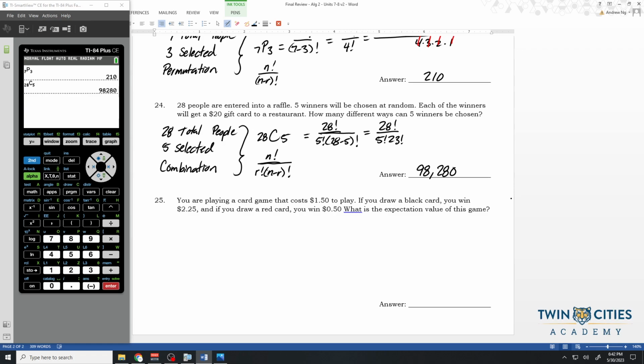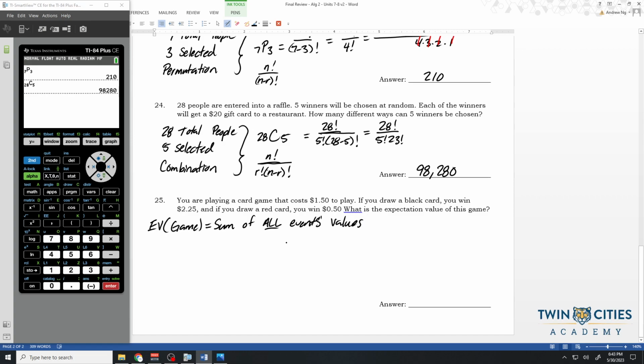So let's try to figure out what the expectation is. What can I expect each time I play this game? Well, the expectation, the EV of a game, the expectation value of a game is equal to the sum of all event values for that game.